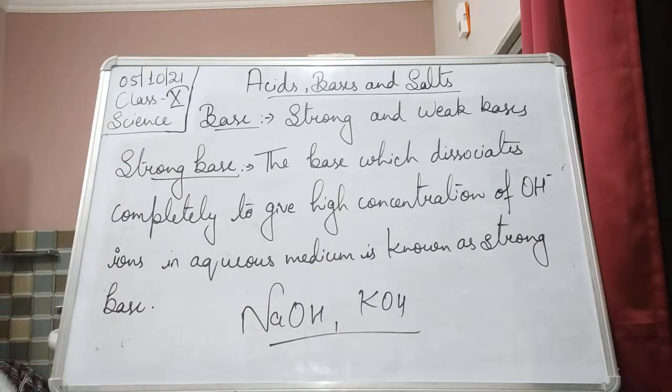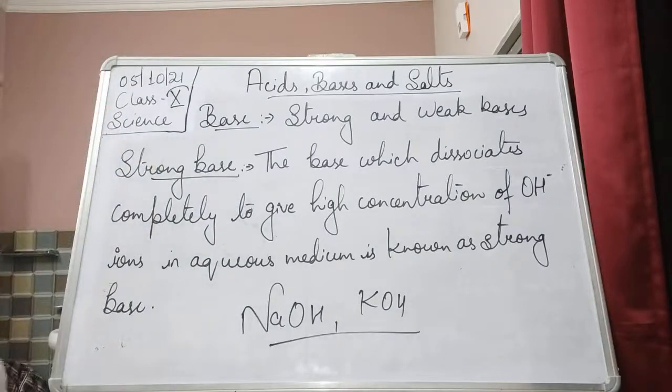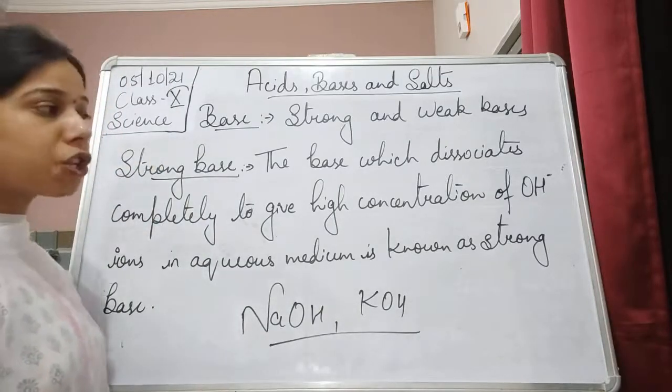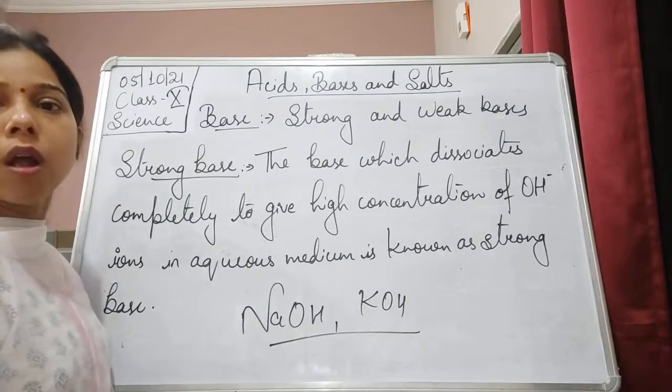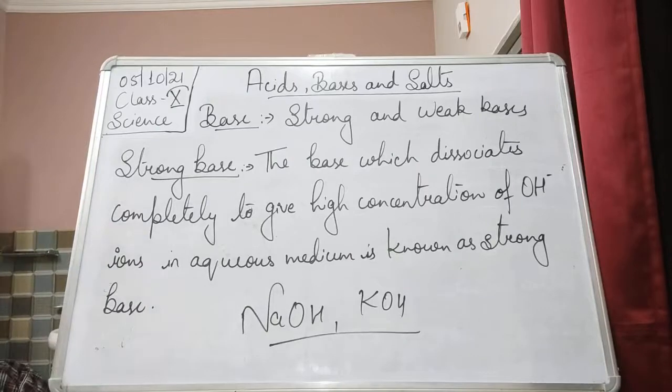Now the next one is the weak base. In the case of a weak base, the base will partially dissociate to produce a low concentration of hydroxide ions.